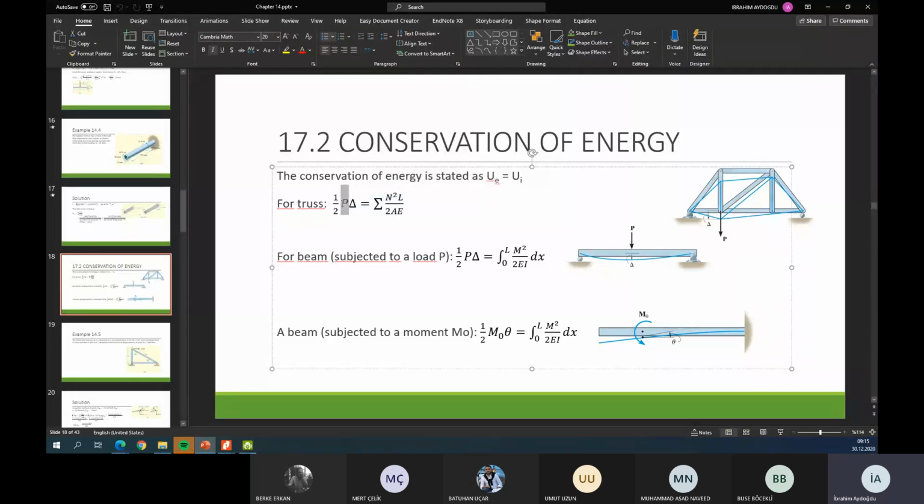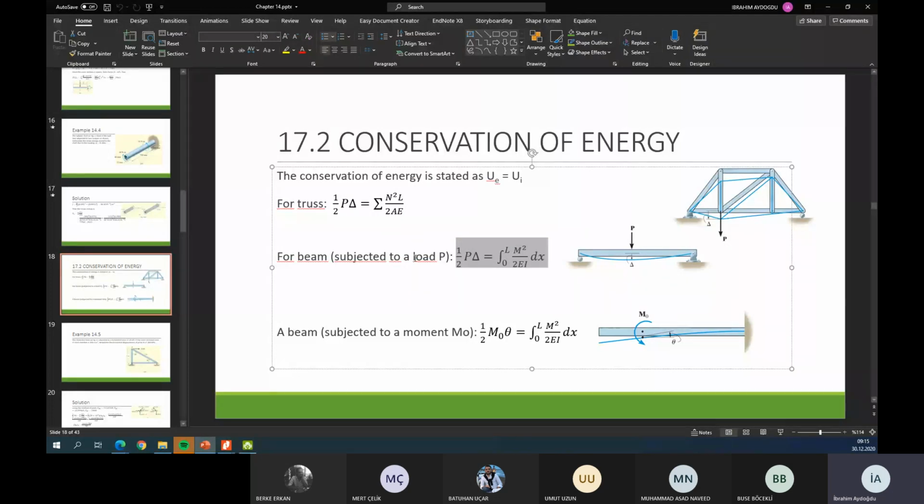If we compute the internal effects, we can find the internal energy. So we know the external force, and only one term is unknown. This is the delta. By using this relationship, we can find the delta value. Just it, okay? Like this formulation. For thrust, we are using this formulation. For shear, we are using this formulation.